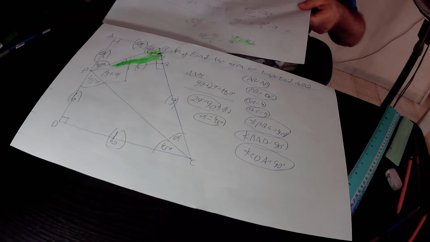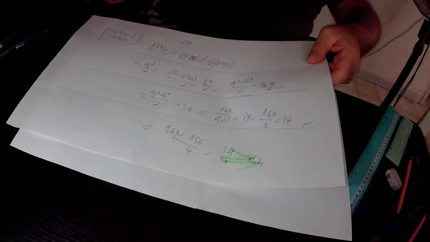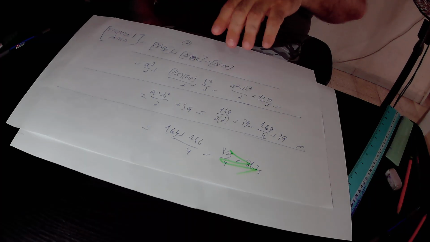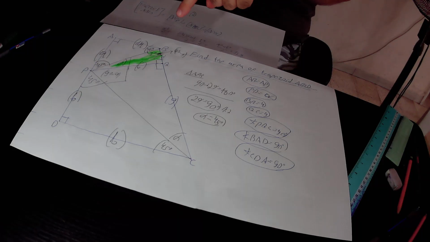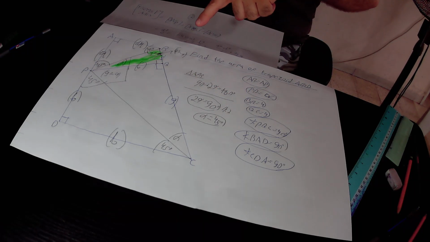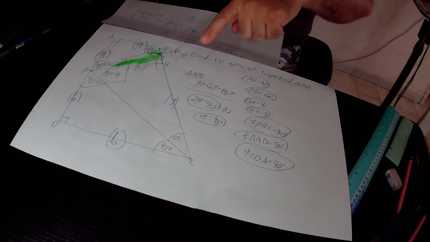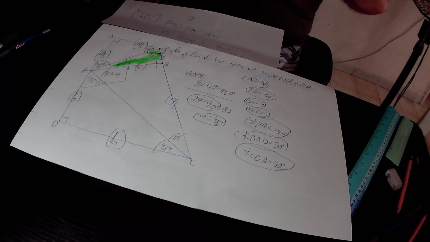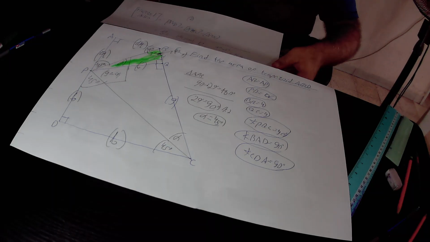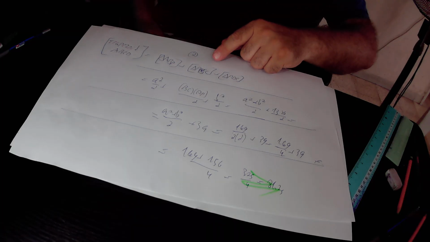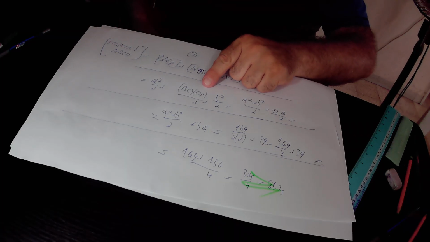So the area of the first component, the small right triangle ABP, is A squared over 2, plus the area of the big right triangle BPC. What is the area of the big right triangle BPC? It equals the base, that is BC, times the height, that is QP, over 2.